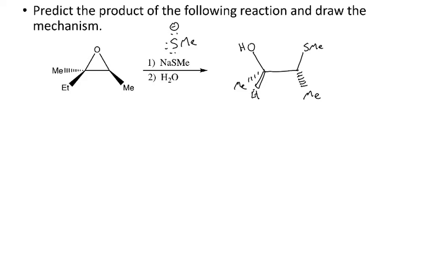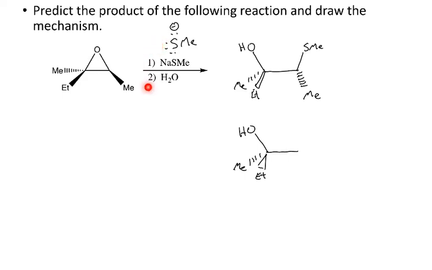Now, the way the book would have drawn this product is slightly different. So this carbon is going to be drawn the same as we did. And then when we get the backside attack, I think the way the book's drawing it, they're both absolutely correct, but the way the book's going to draw it is showing more specifically what's going on in this reaction.